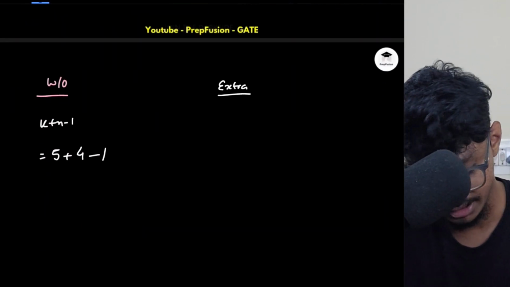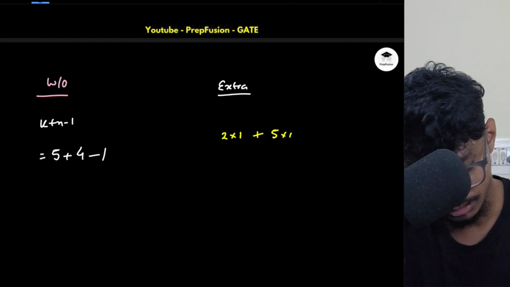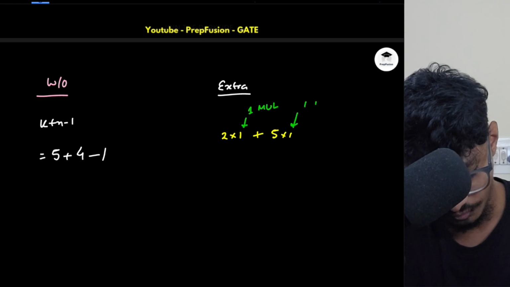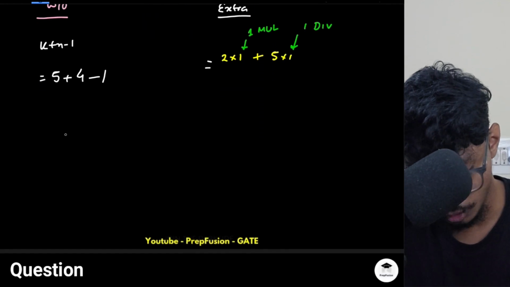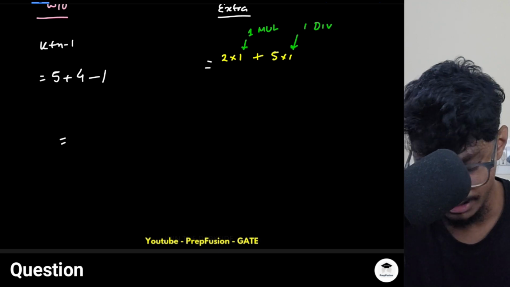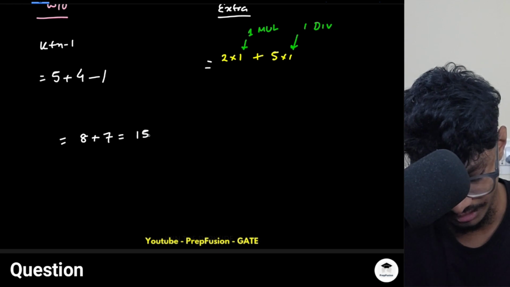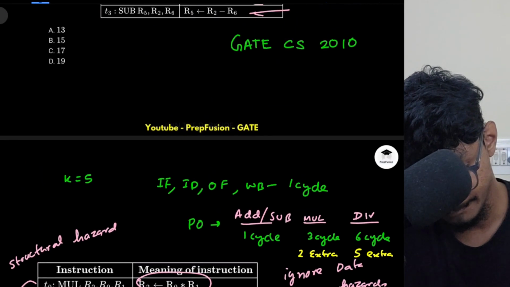So extra cycles will be 2 into 1 multiplication plus 5 into 1 division. So total number of cycles will be 8 plus 2 plus 5, which is 7 extra. This is 15. So total I will be requiring 15 cycles. So option B will be correct.